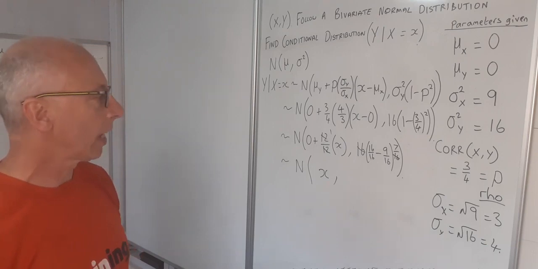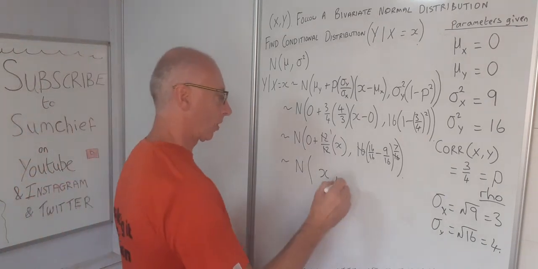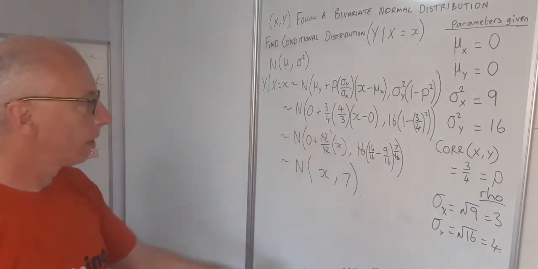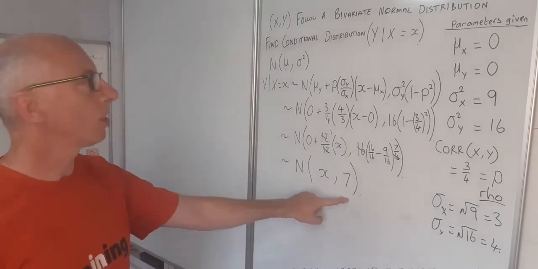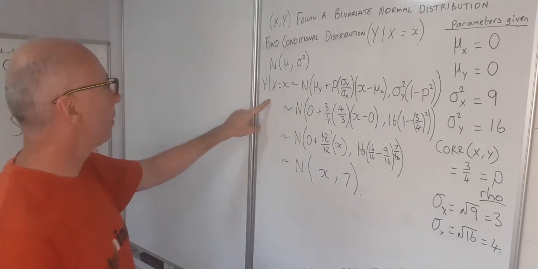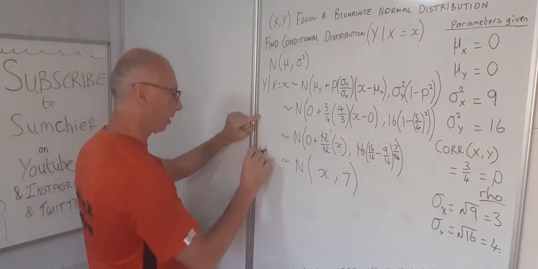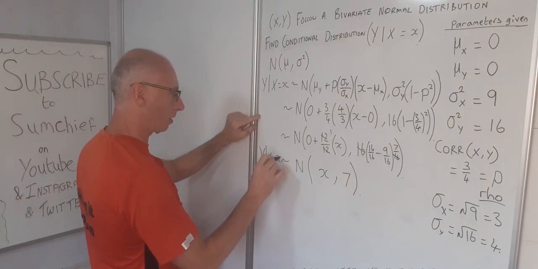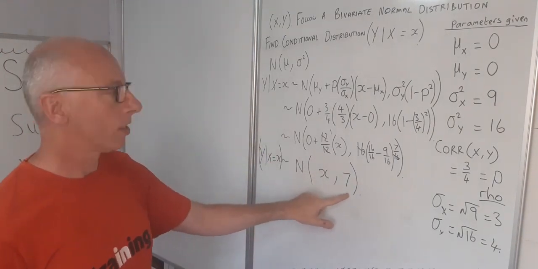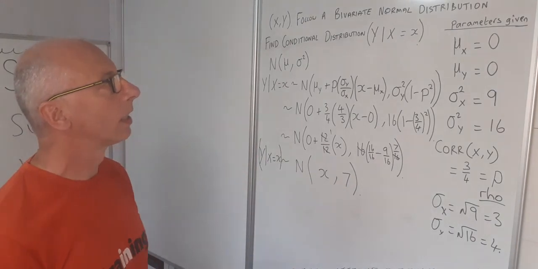So therefore we're going to get just 7. And there we go. So now we've got our conditional distribution: Y given X equals x is normally distributed with mean x and variance 7.